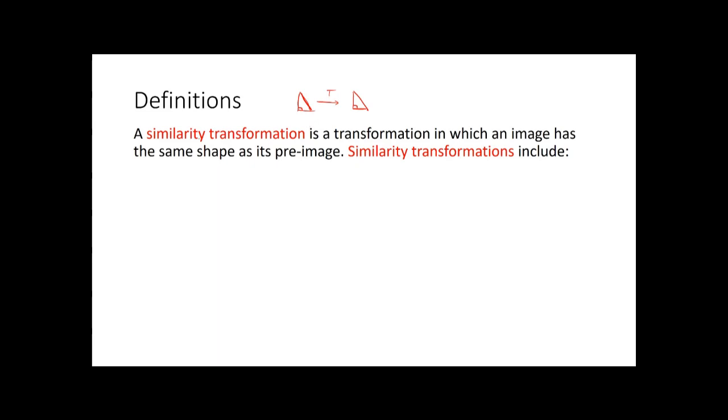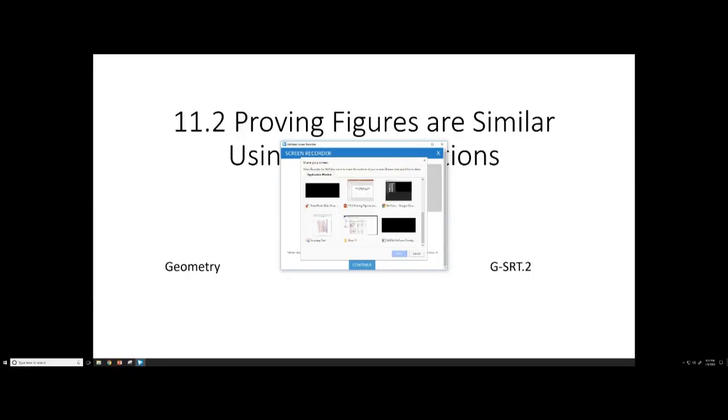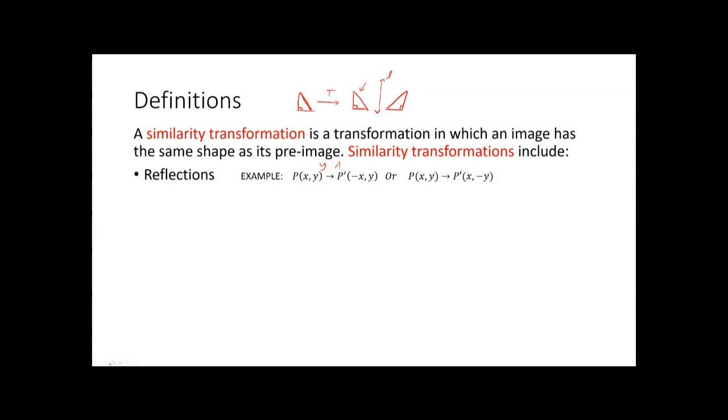All right, so similarity transformations include reflections. If I was to reflect this triangle right here, it would still be a right triangle after I reflect it across whatever line of reflection I choose. That's a good example. The proof, again, is the rule actually. For example, if I reflect over, I believe this is the y-axis, you would notice that the x negates.